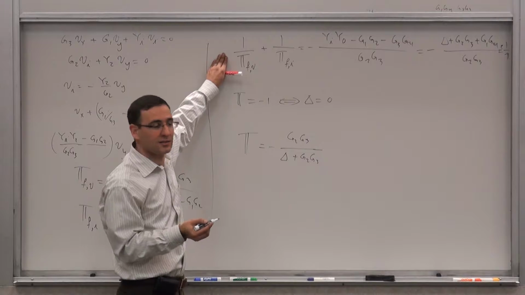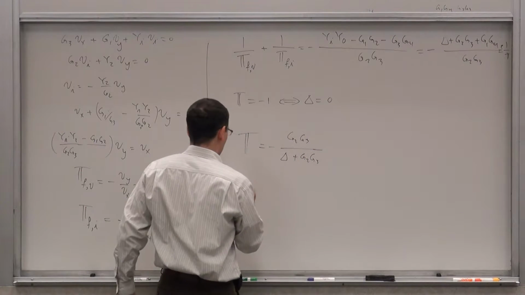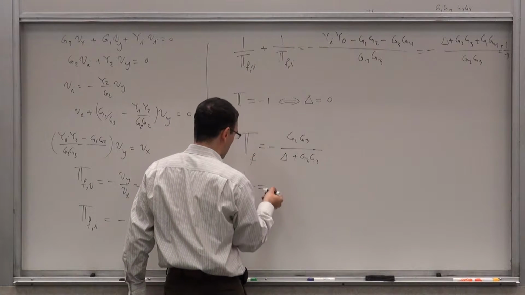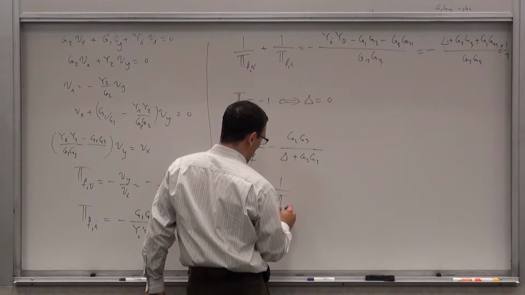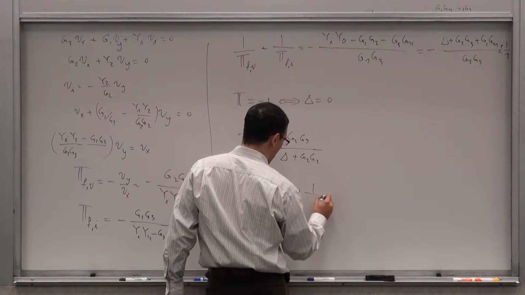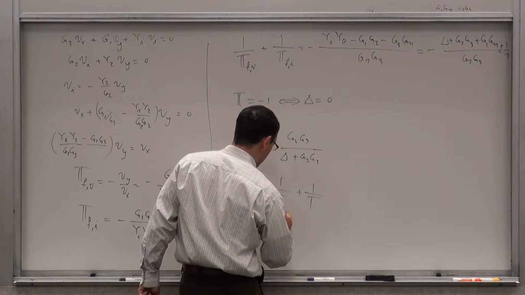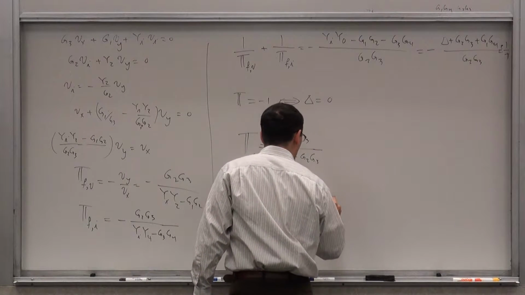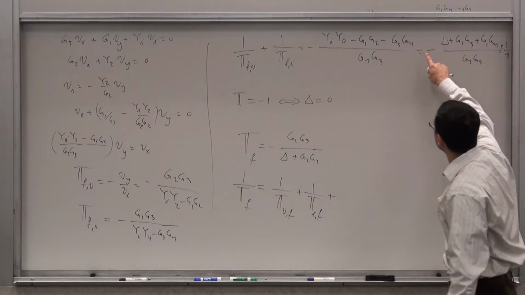So let's say 1 over T forward, the forward loop gain, is going to be 1 over TFV plus 1 over TFI plus, I have to do something to fix this, right?